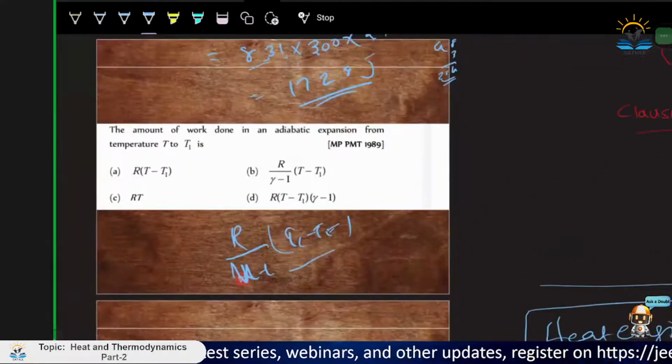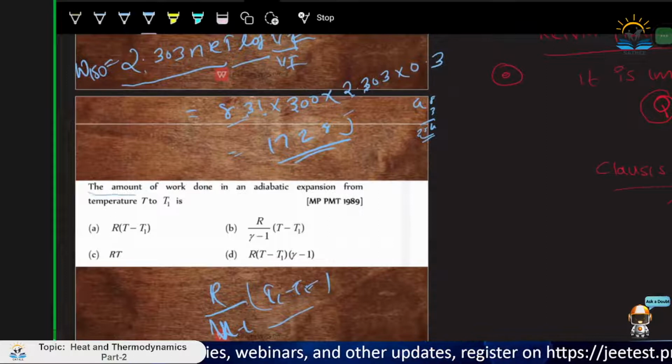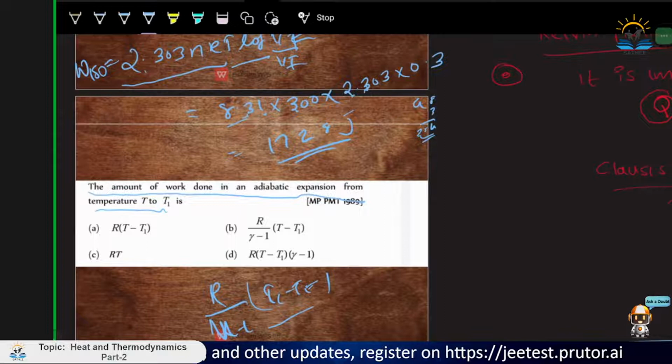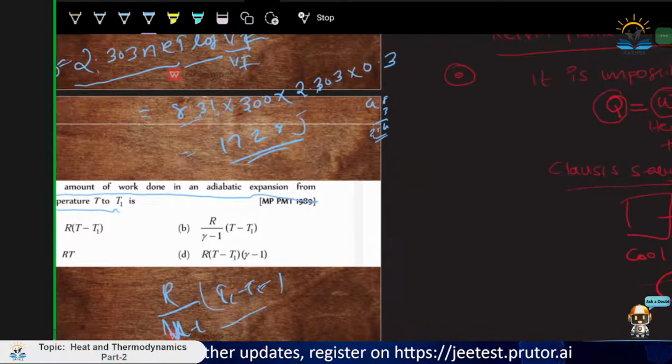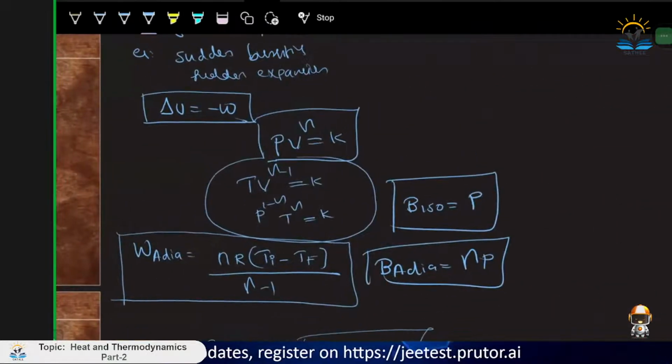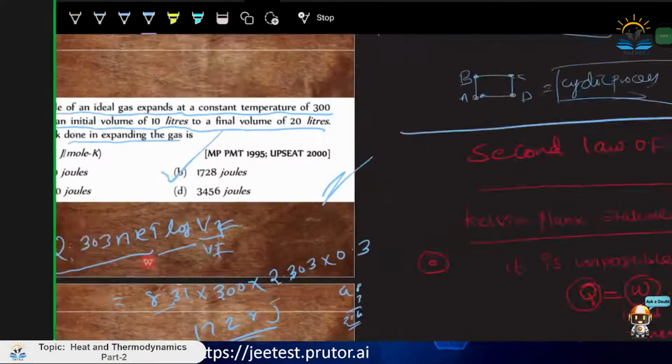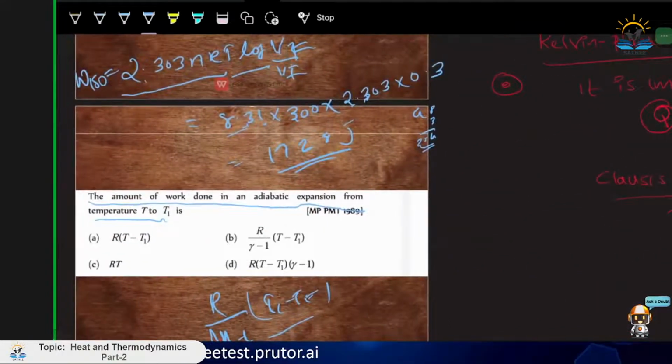Fine. The amount of work done in an adiabatic expansion from T to T1. What is the adiabatic work? Work adiabatic is equal to nR times T initial minus T final divided by gamma minus 1. n is not given, so we can write n is equal to 1.